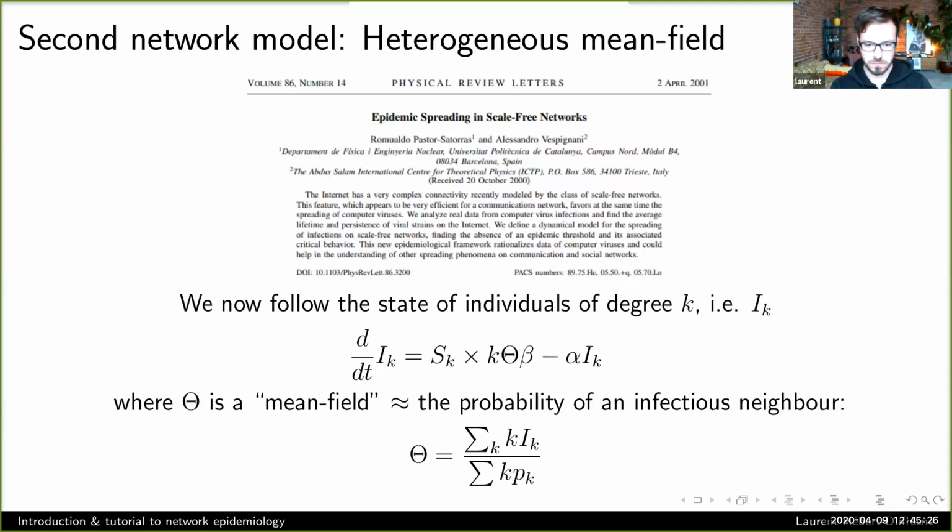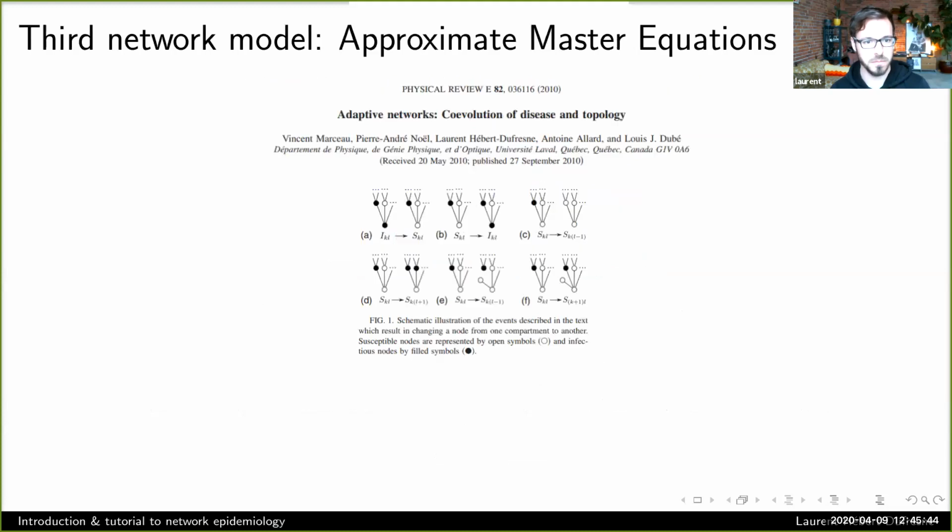So this is what you have here. It's one equation, but it's a complete model. If you write and follow that equation for all degree classes, for all ks, you have a complete model that allows you to show analytically that for very heterogeneous distributions, you have this vanishing epidemic threshold. So that's a really powerful approach.